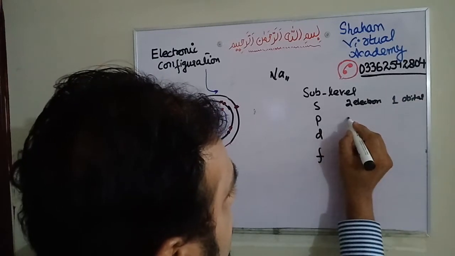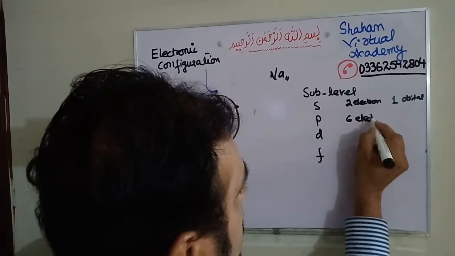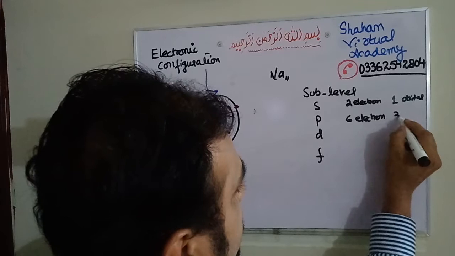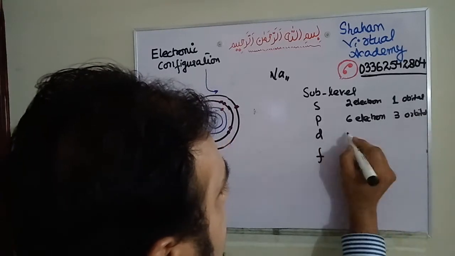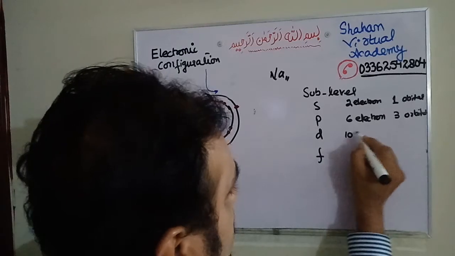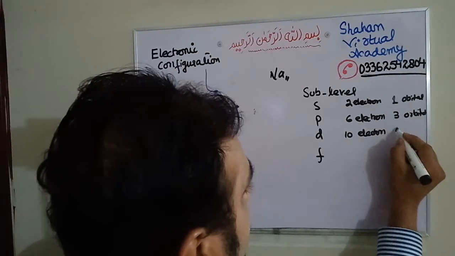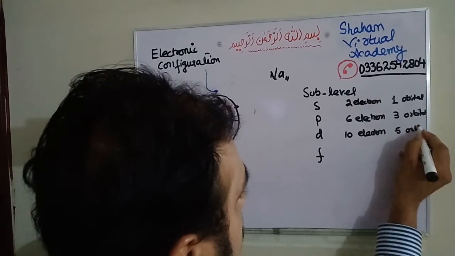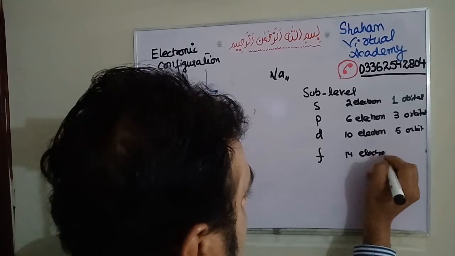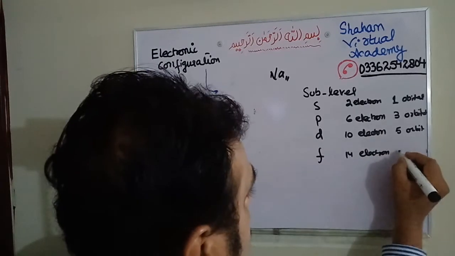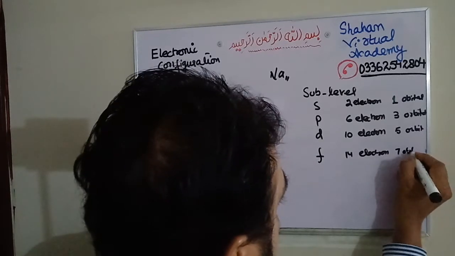P has a capacity of 6 electrons to be filled, while it has 3 orbitals. D has a capacity of 10 electrons, while it has 5 orbitals. Same, F has a capacity of 14 electrons, and it has 7 orbitals.